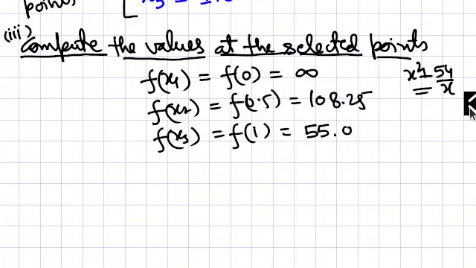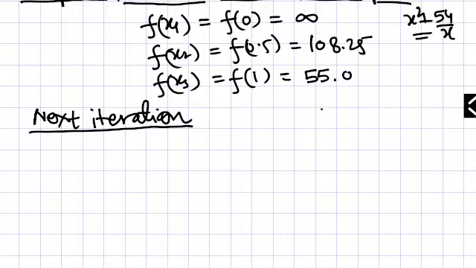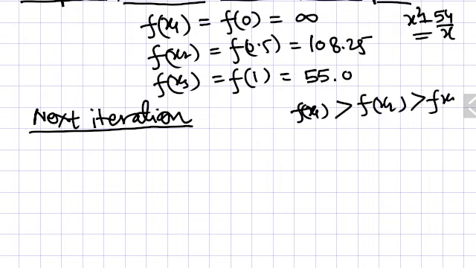Now what do you do? Next iteration. The first iteration is done and all the values are calculated, and you also saw that f(x1) is greater than f(x2) is greater than f(x3).